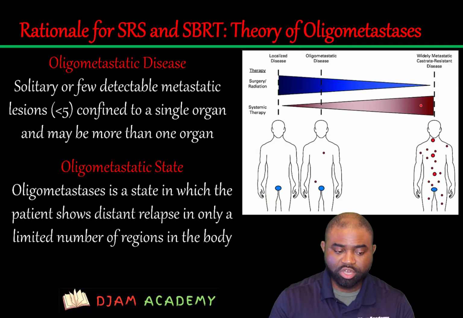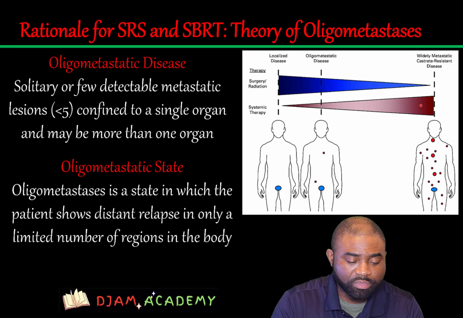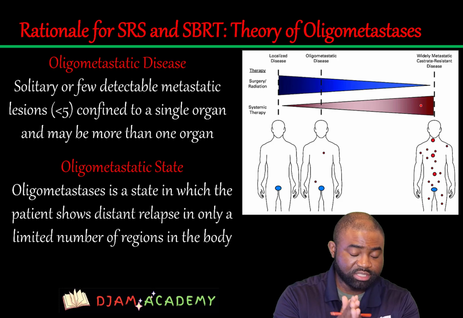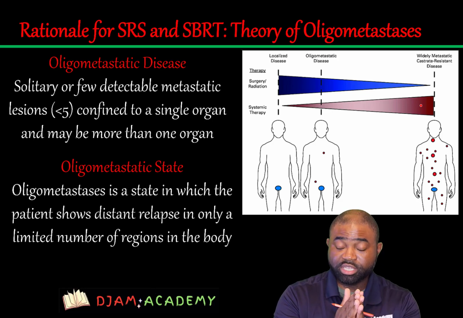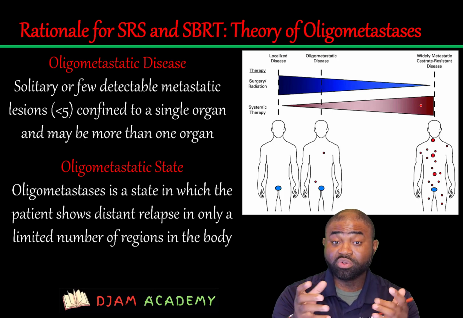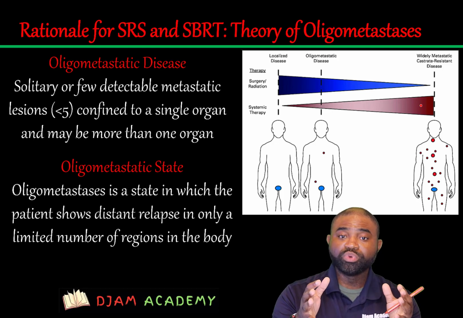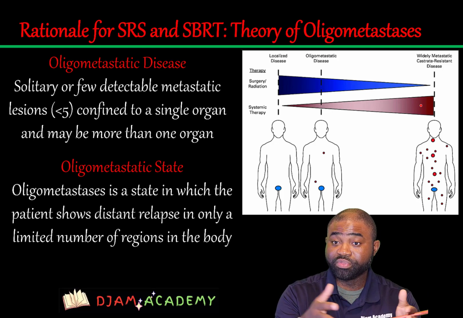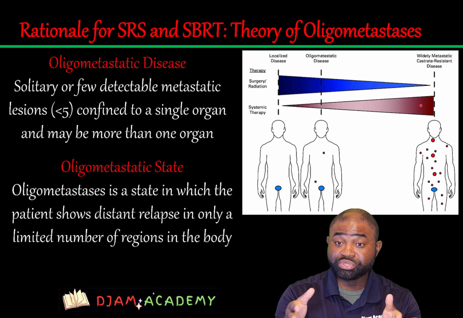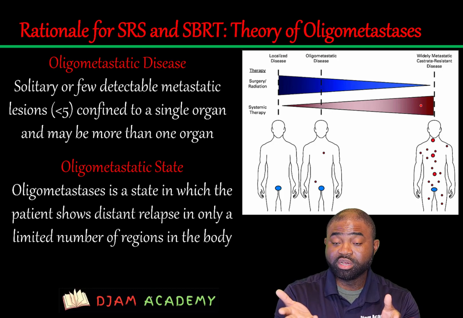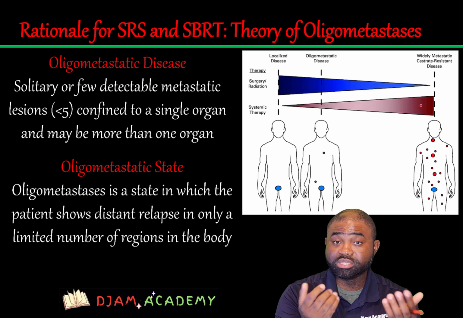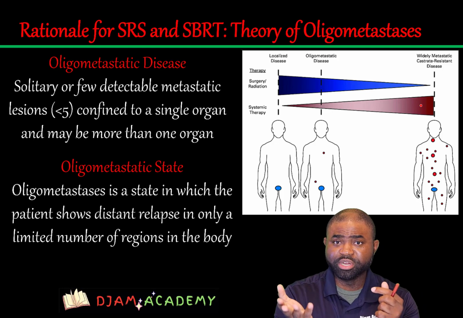Now, the next rationale, which is offered in TG101, comes from what we call the theory of oligometastasis. Now, oligometastatic disease typically is a type of metastasis in which cancer cells from the primary tumor or original tumor travel through the body but only form a limited number of metastatic tumors, typically 1 or 2. For example, brain mets typically originate from breast cancer, lung cancer, melanomas, and so on and so forth.